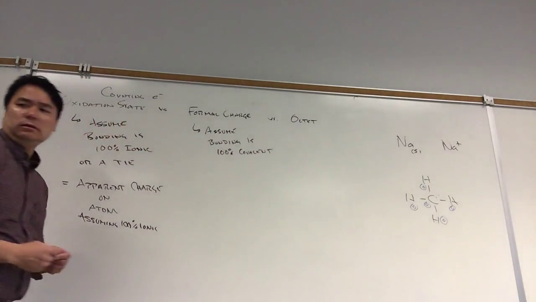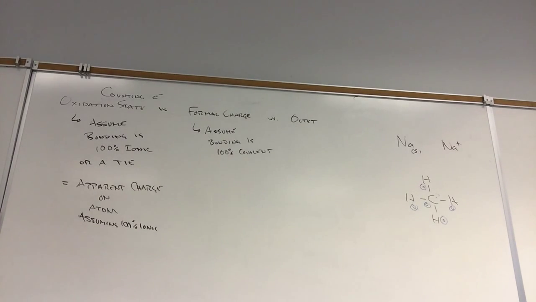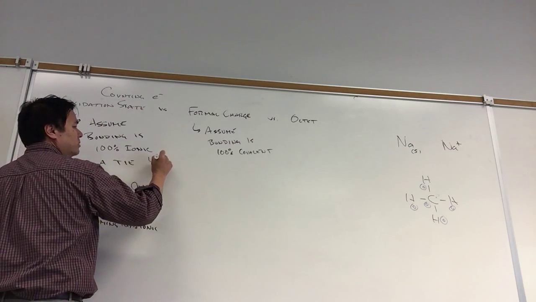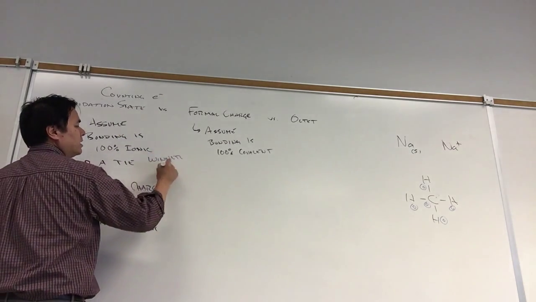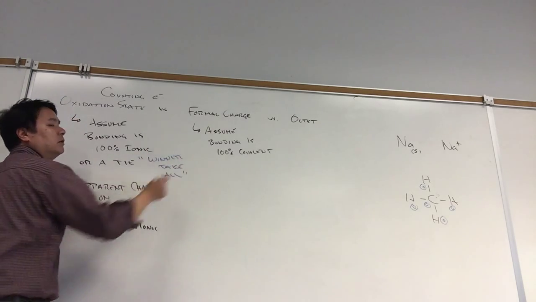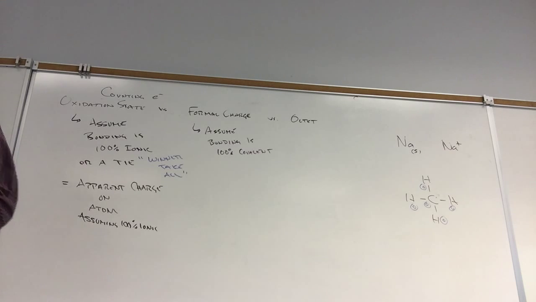And so the way we think about how the electrons are distributed is, in oxidation state, in ionic bonding, this is a winner take all. Winner takes all the electrons. Well, who's the winner? The winner is going to be the more electronegative species.